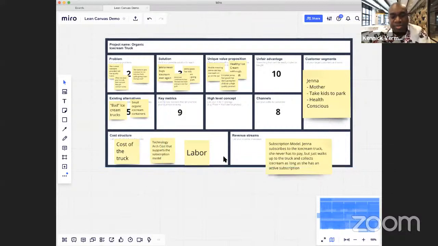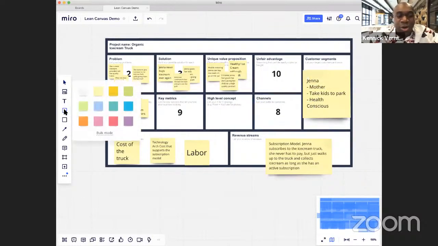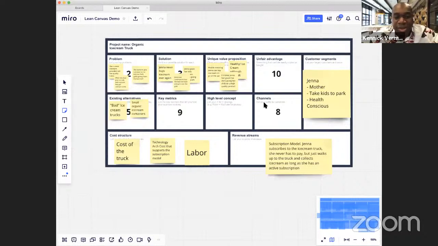Now, how are you going to get to Jenna? Now, because we are a mobile truck, we have the opportunity to drive around the park.